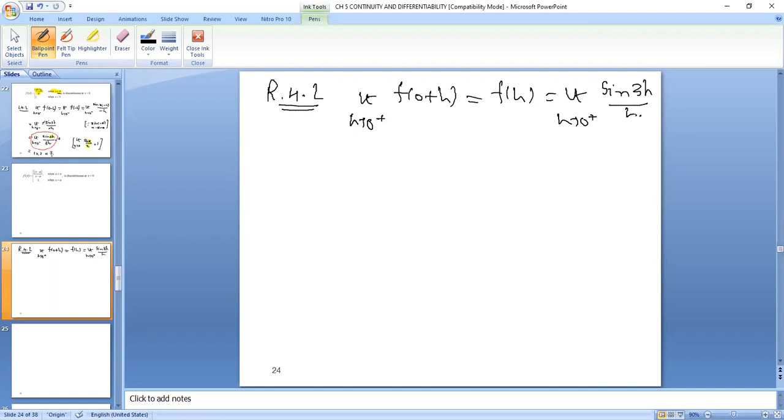Again, we will proceed with the same steps: limit h is tending to 0 positive, sine 3h upon h into 3 and 3. Multiply and divide by 3, so that limit sine 3h upon 3h will be 1 into 3 is equal to 3. So left hand limit is 3, right hand limit is 3.